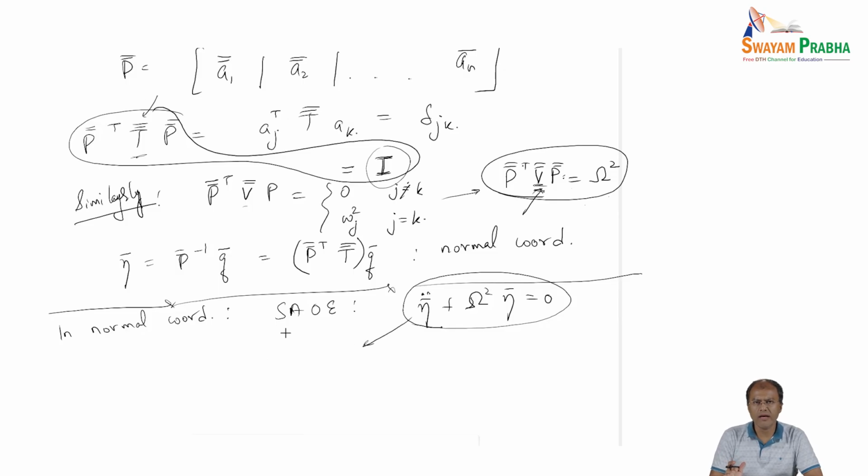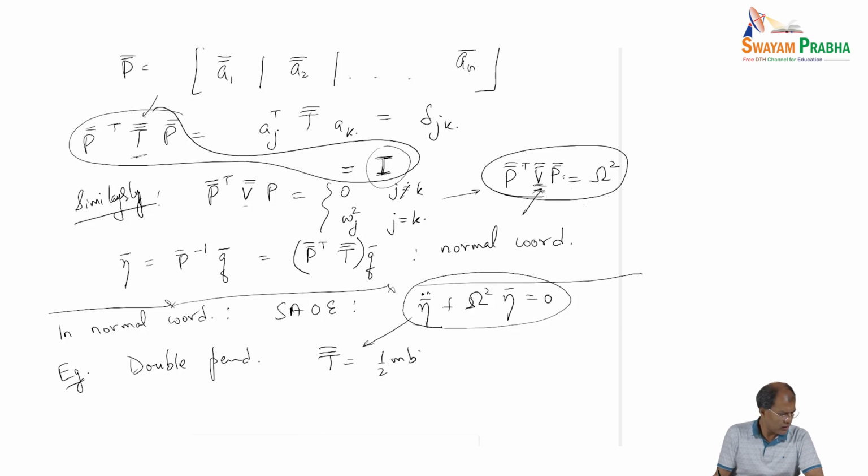Let us look at this particular result with respect to one of our previously solved examples. The example is again the case of the double pendulum. If we revisit our double pendulum equation, we see that our T matrix is half m b square times 4 1 1 1, and our A1 is 1 comma 2, and our A2 is 1 comma minus 2.